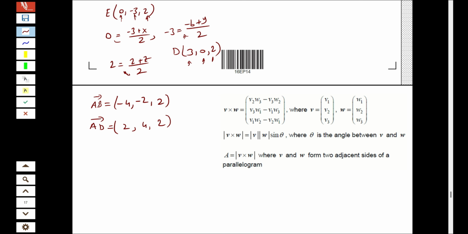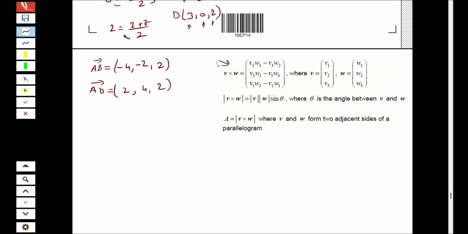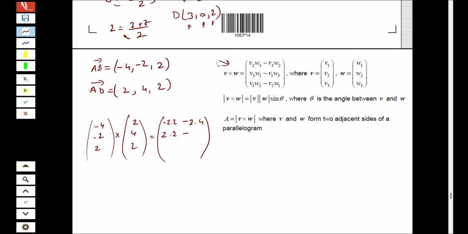Yeah. And when you apply this formula in here, the cross product, you're going to see that it will be (-2) times 2 minus 2 times (-4) at the first row. The second row is 2 times W1, which is 2, minus V1, which is -4, times 2.